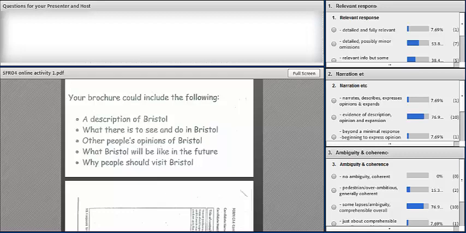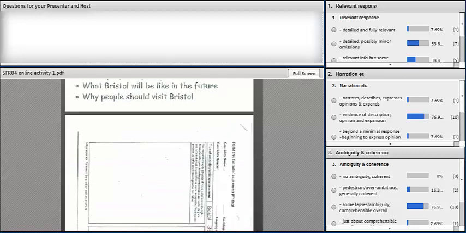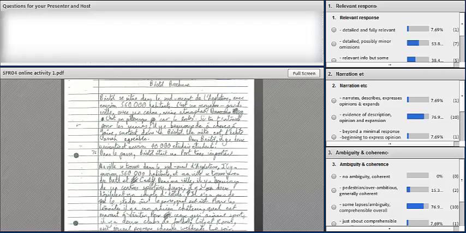The ambiguity and coherence, overall it's comprehensible, and most people have polled for that one. But there are some quite clear ambiguities. For example, there are bits of English, or anglicisms anyway, like "c'est un pittoresque car le docks" doesn't mean a lot.